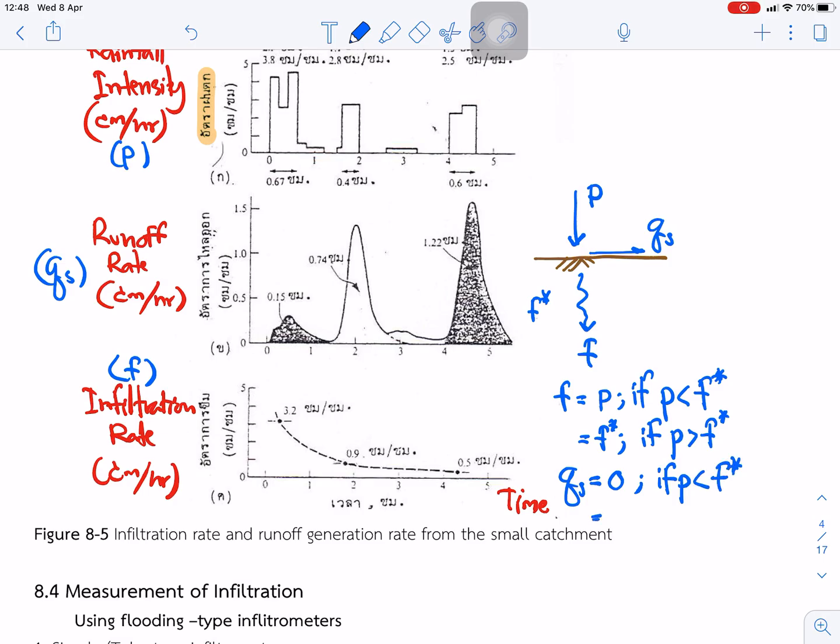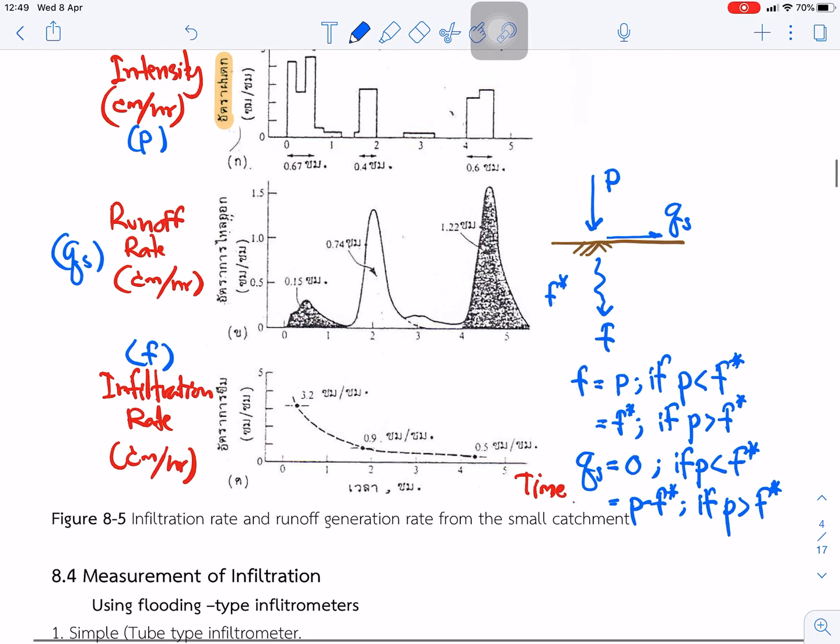And QS is equal to the subtraction of P minus F star if rainfall is greater than F star. So that is the basic water balance equation to explain what happens on the surface of the soil.